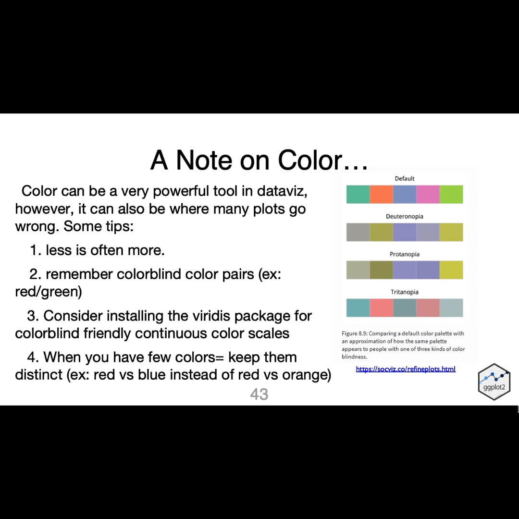Also, I want you to remember colorblind pairs. So in this case, on this little image here, the top bar is the colors that I've chosen. But the 3 below it are what those colors look like to people with different types of color blindness.